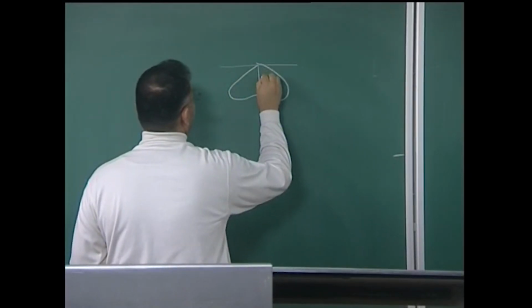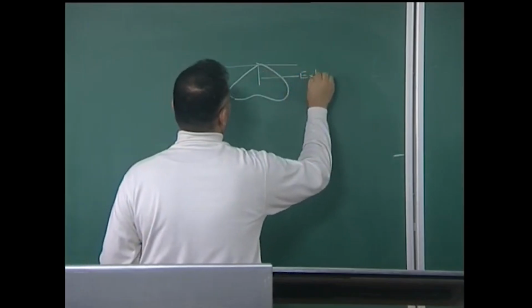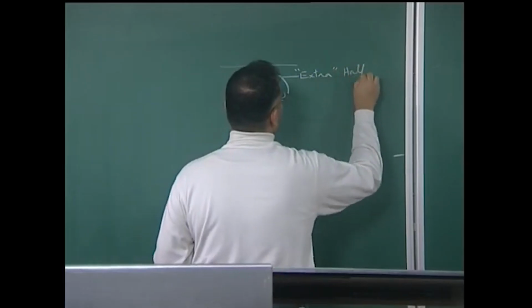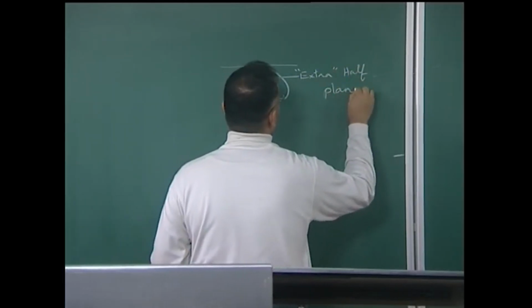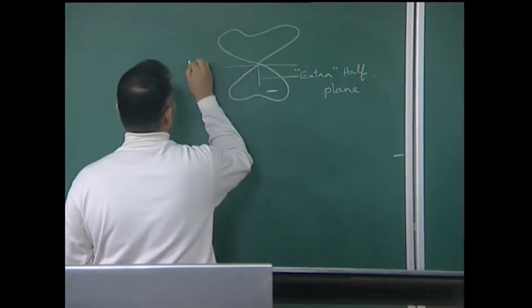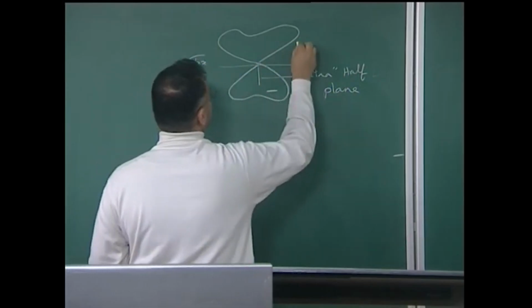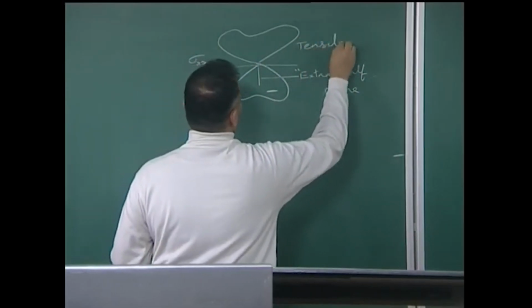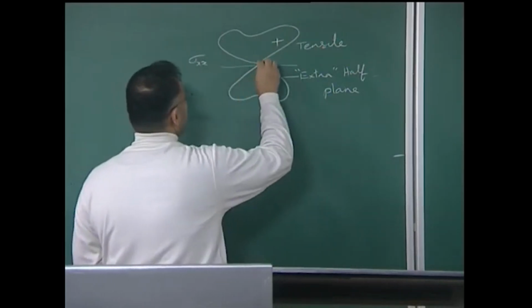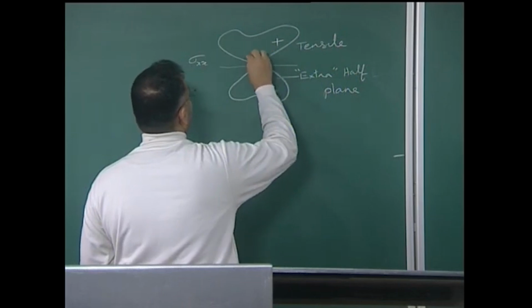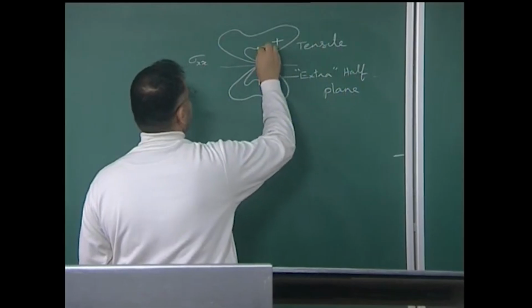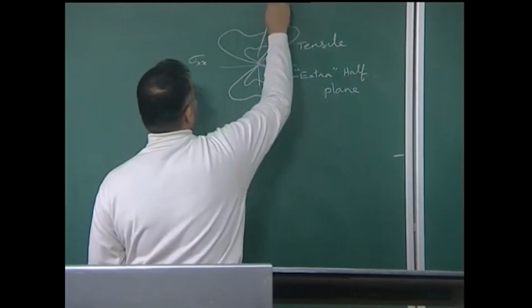So, this is my extra half plane, and this is where the compressive regions are, and the tensile regions, and I am plotting sigma xx for now. And these are iso stress contours. As you go away and away, you will notice that the stress contours decrease in magnitude. So, this is a higher stress contour, and this is lower and lower as you go away from the core of the dislocation.